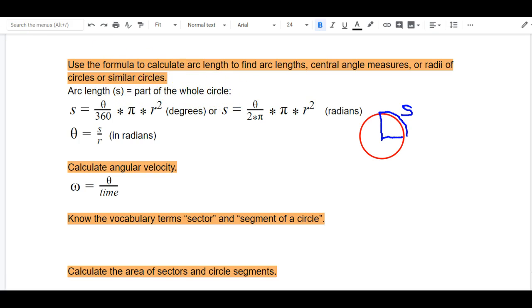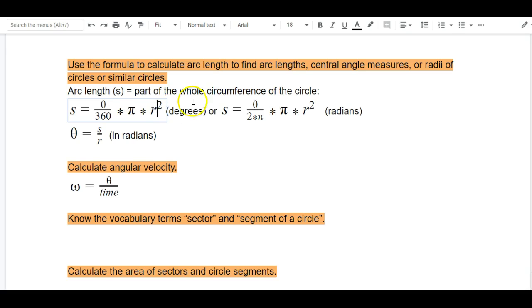So let me fix that, and let's see, we can close that out and go in here. So it is part of the whole. I'm going to put that word in there, circumference of the circle. So then when we do the circumference formula, we do not want to use pi r squared for that. Okay, we want to use 2 pi r.